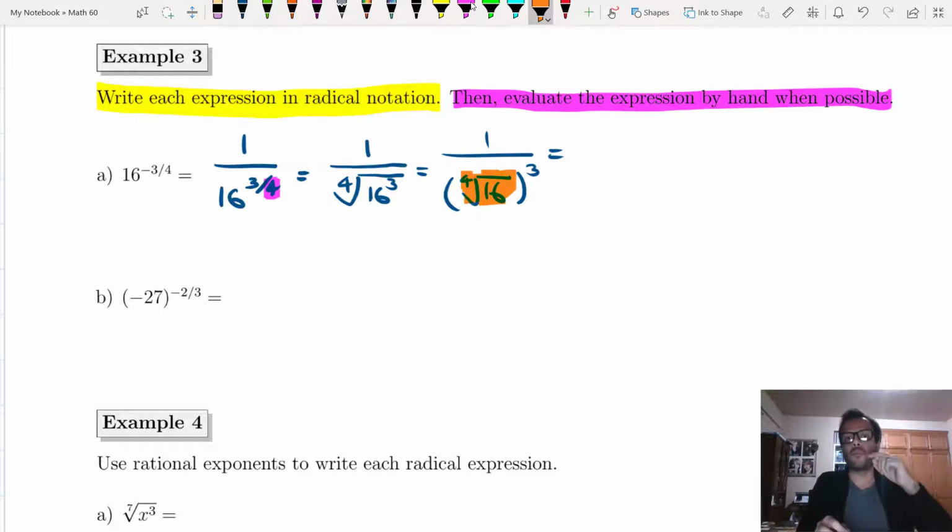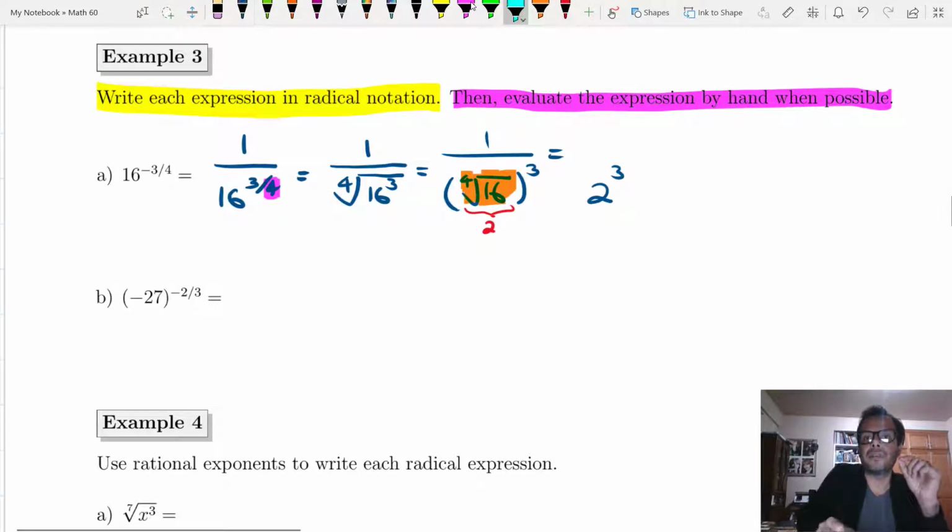In other words, what number to the fourth power will give us the number 16? In this case, that number is 2. So we are going to have 2 to the third power; this power right here remains the same.